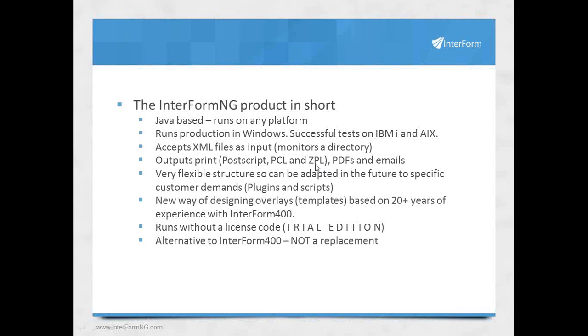ZPL for those label printers from Zebra. There are also other manufacturers making printers that are also ZPL compatible. But that is covering the data stream possibilities for printers. Alternatively, we can create PDF files and even emails with an attached PDF file, exactly as you know from InterForm 400.